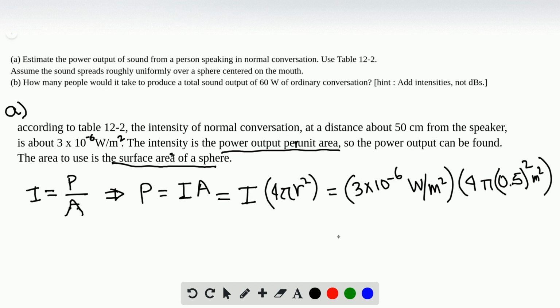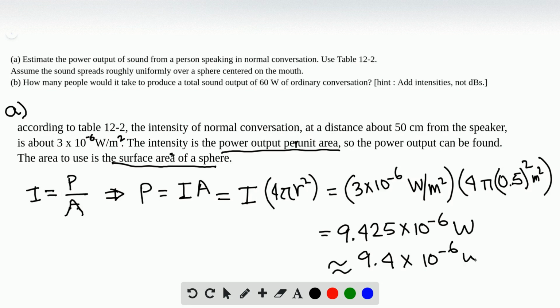And if we solve for it, we'll get something like 9.425 times 10 to the power minus 6 watt, or if we approximate it, it's going to be 9.4 times 10 to the power minus 6 watt.